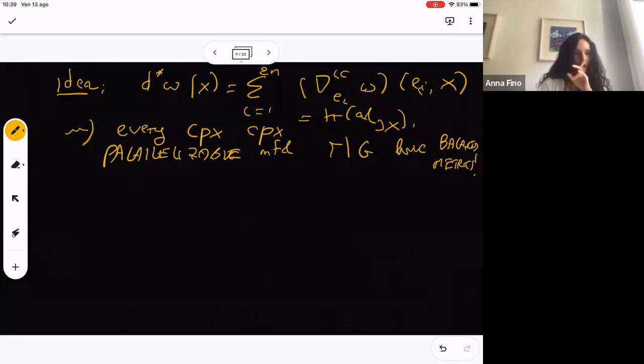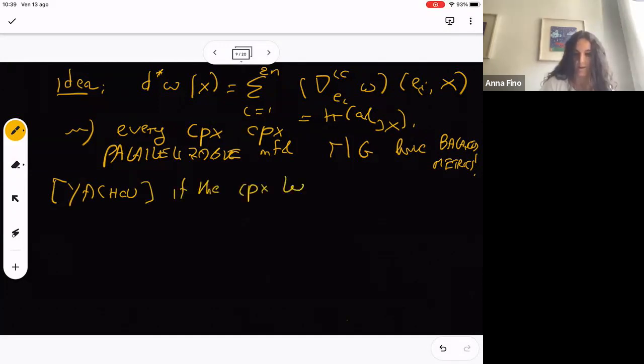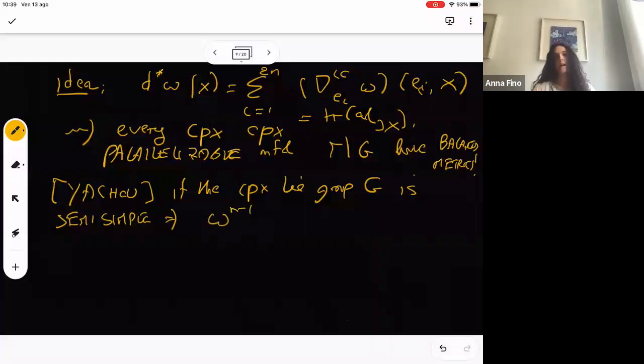And I want to mention a result by Yaku, in his PhD thesis. He showed that, this is very curious, if the complex Lie group G is semi-simple, then a left invariant metric omega is automatically balanced, it is more, and then omega^{n-1} is not only closed, but is exact.